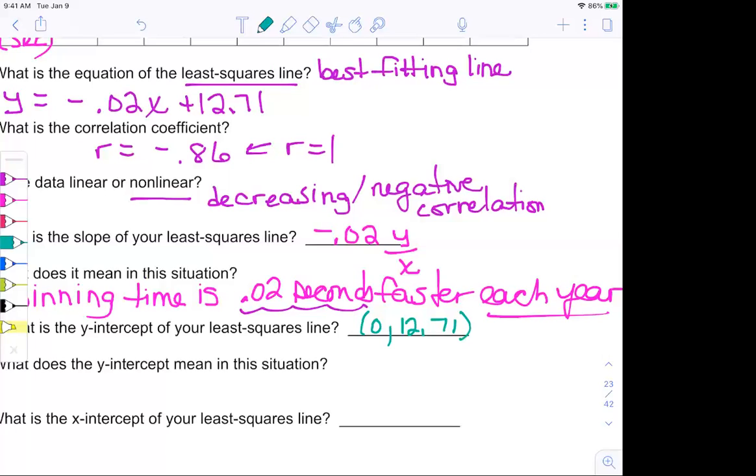So what did we associate 0 with in this problem? And then what does 12.71 represent in our problem? Annabelle, are you able to describe what this y-intercept means? In 1900, the winning time was 12.71 seconds. Perfect.